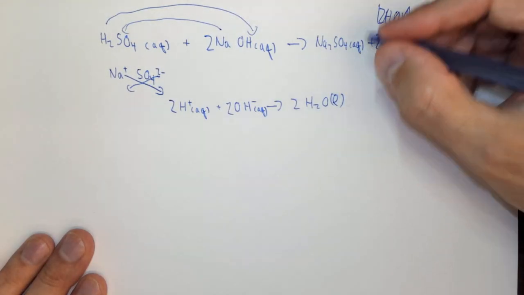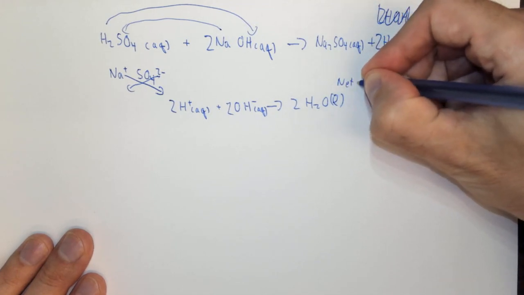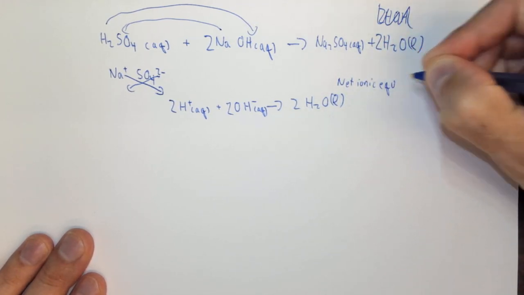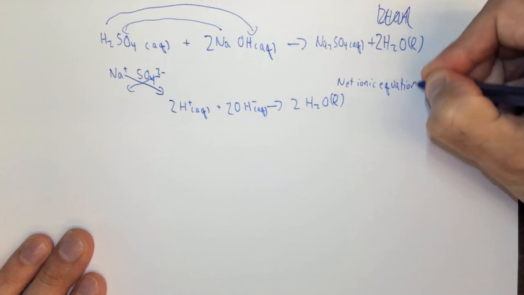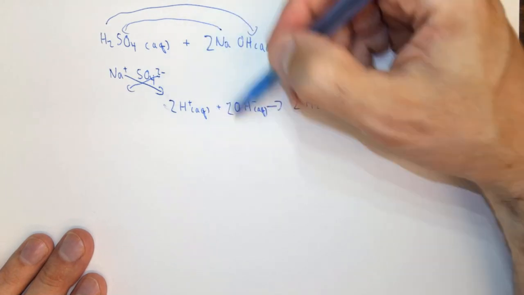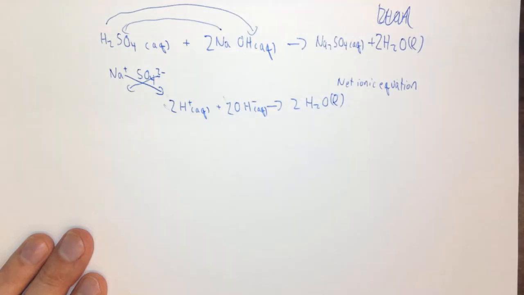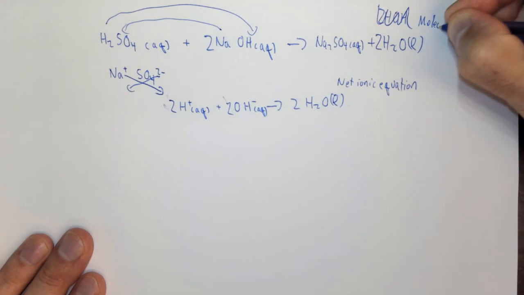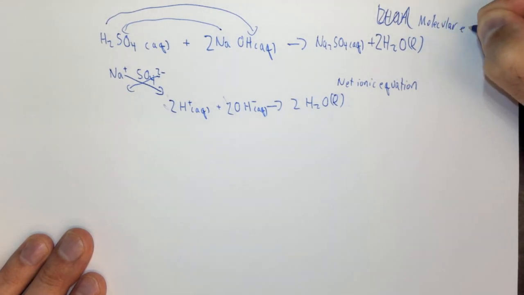So this is the net ionic equation. An interesting question is whether you should cancel out all of those 2's, and I'm not going to get into that here. Technically, you should probably cross out all of the 2's because they're all 2. And this is the molecular equation.